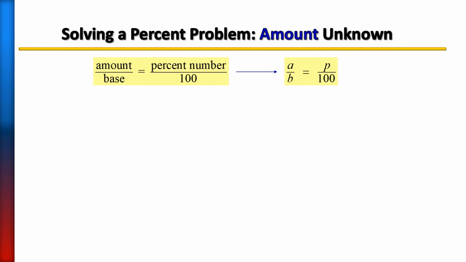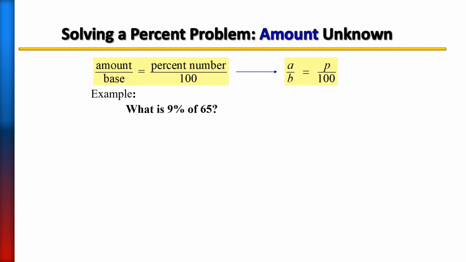So you always write it as A over B equals P over 100. That's the ratio there. In fact, we're going to do those same three examples that we did using the translation method. I just want to show you we'll still get the same answer.